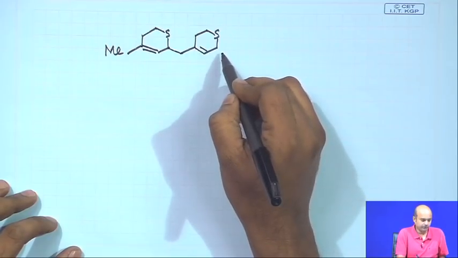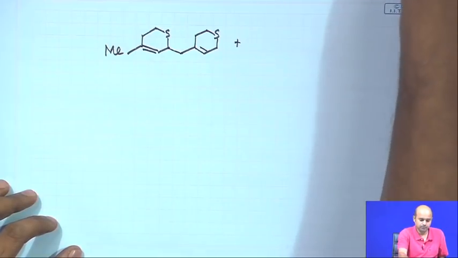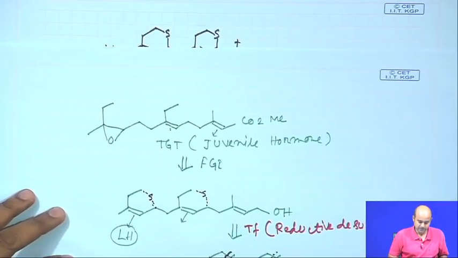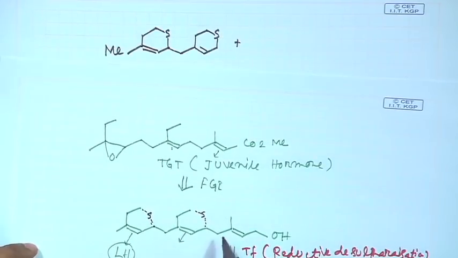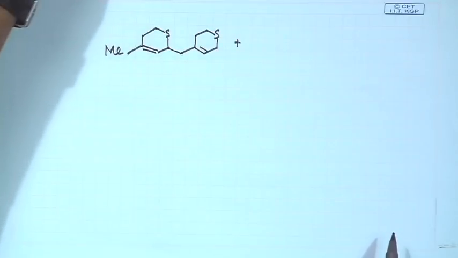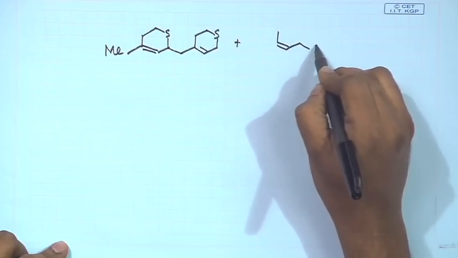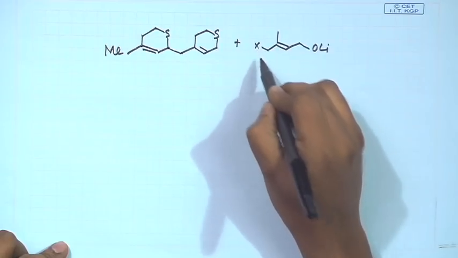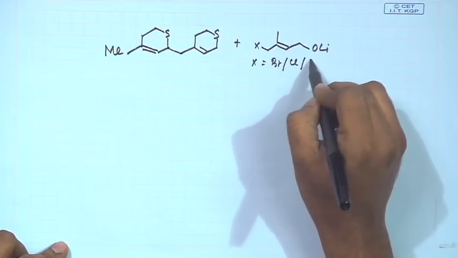This is one of the intermediates we say, and then you take the final structure, or this structure, and basically give a retro here, and then we will introduce this part through this, where X could be bromo or chloro or iodo.